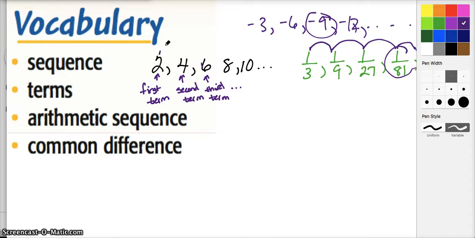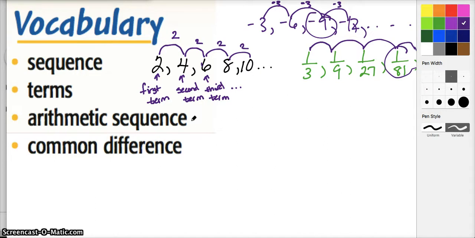But if you look at this term to this term, I jump 2, 2, and 2. Got it. Now this term to this term: it doesn't seem like I'm going up because I'm going from -3 to -6, but I am jumping -3.